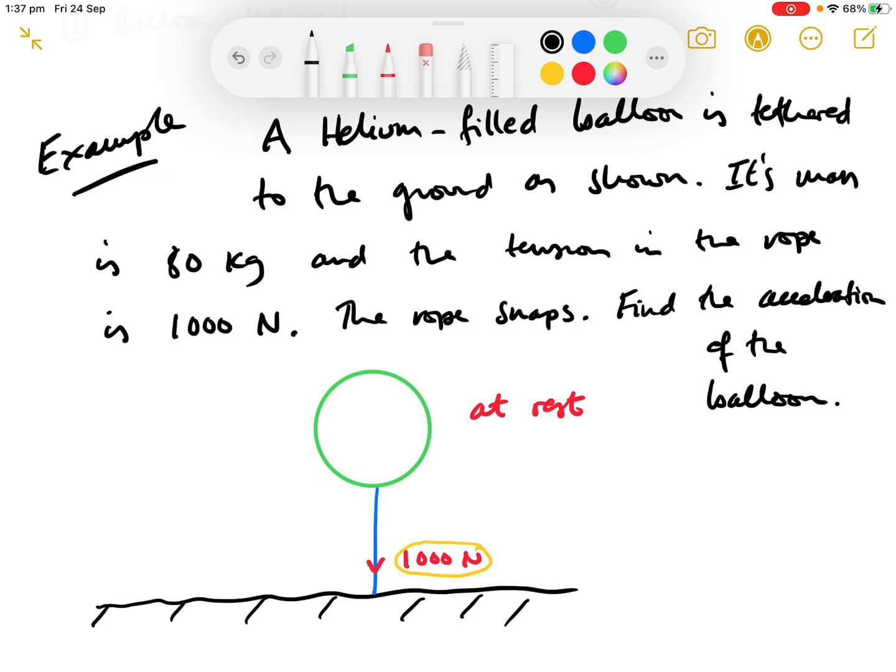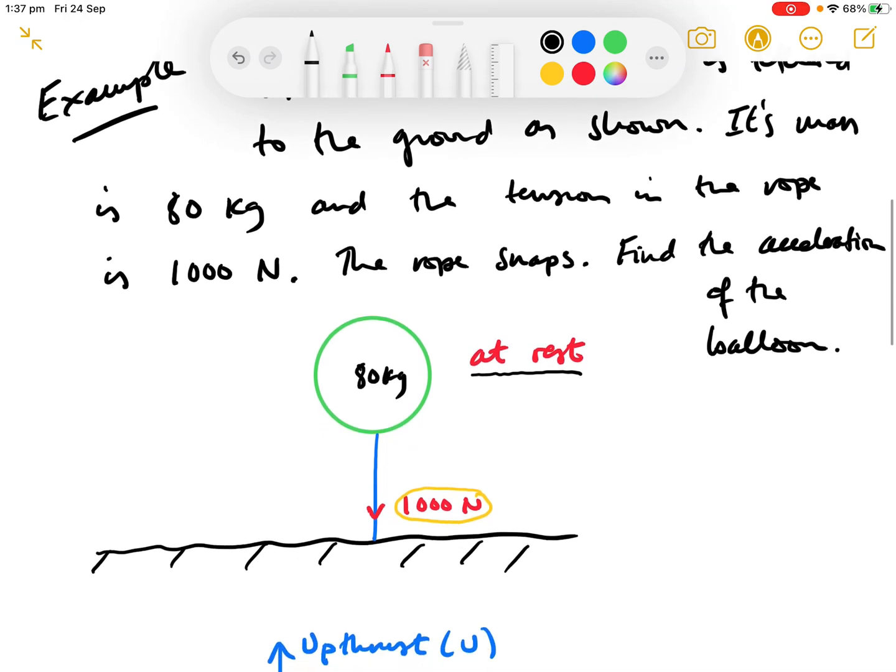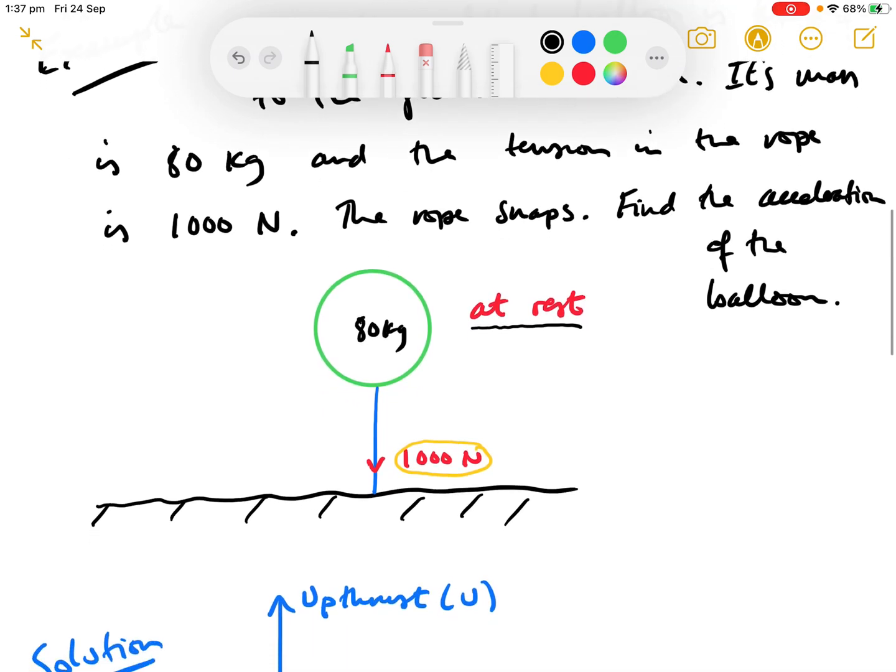We know there's 1,000 newtons of tension in there, and we could maybe add the mass of 80 kilograms in as well. Now, I hope it is obvious that if the balloon is tethered, then it is at rest. And that's important, as we'll see.